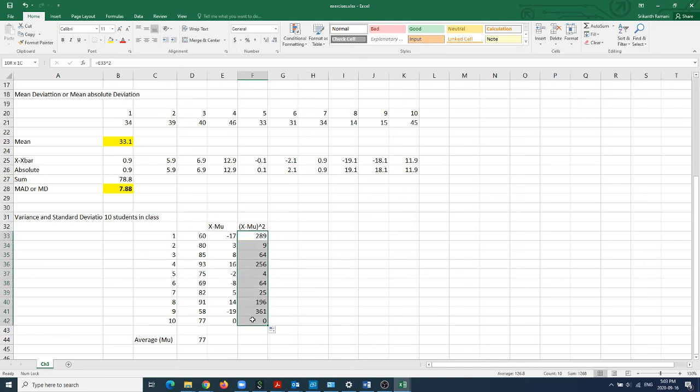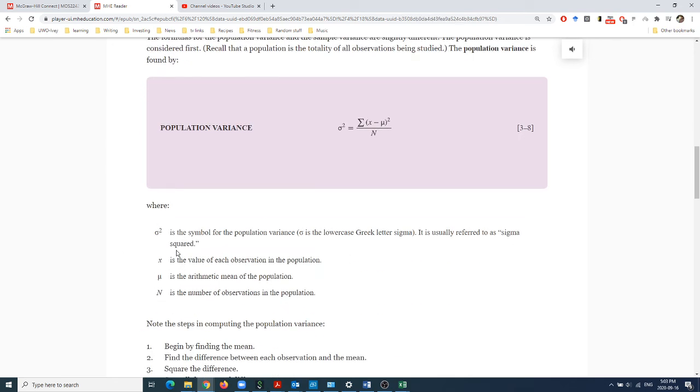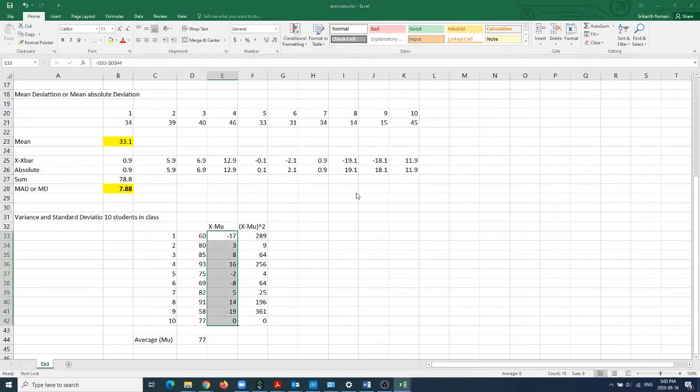Okay, so these are the squared values of the differences between the observation and the average. Now, once you square them, you sum them up and you divide by n.